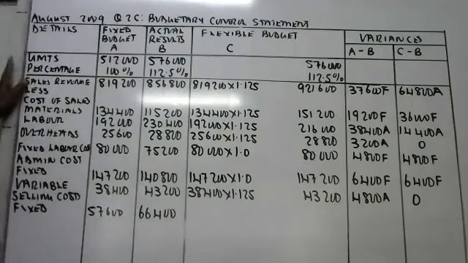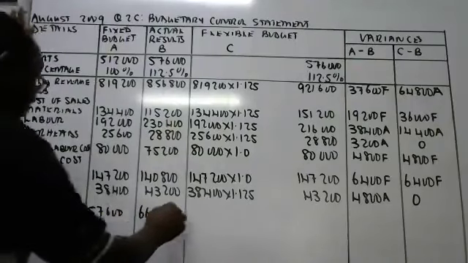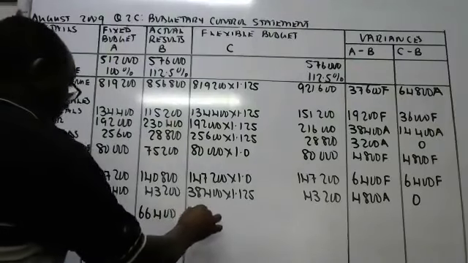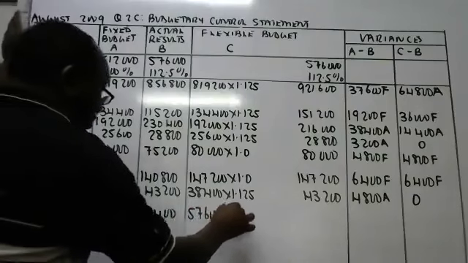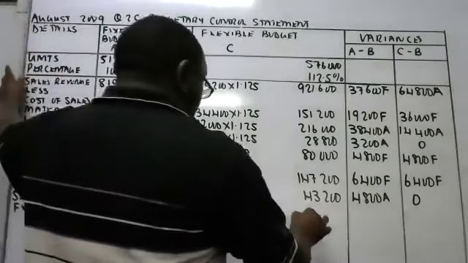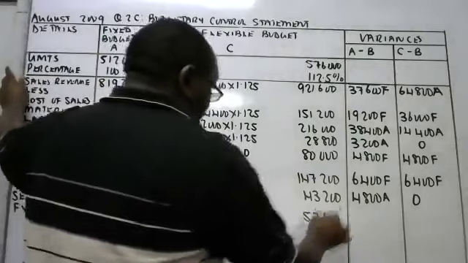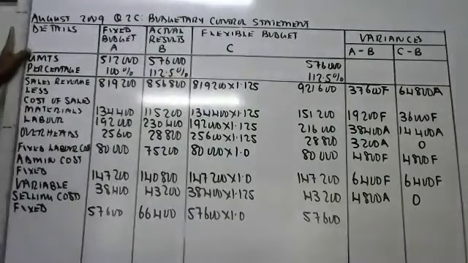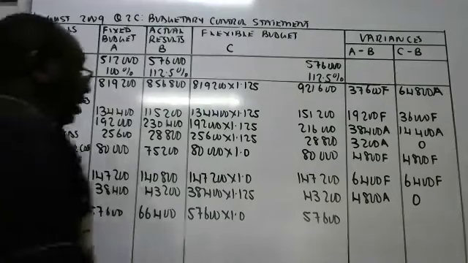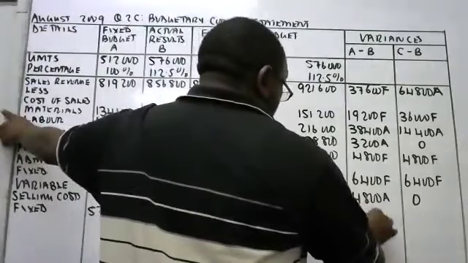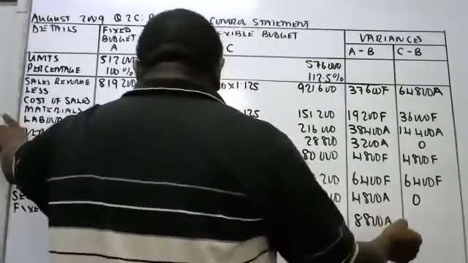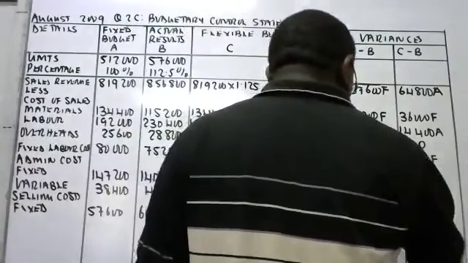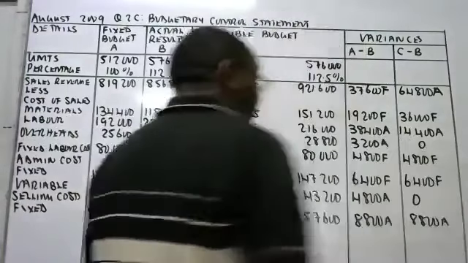So is this cost variable? No. So if no, it is 57,600 times 1.0. So you get 57,600. The variance is 8,800 adverse. The same case here, with the 800 adverse.